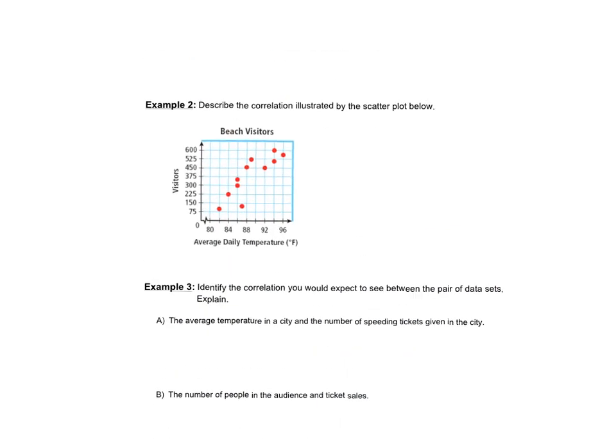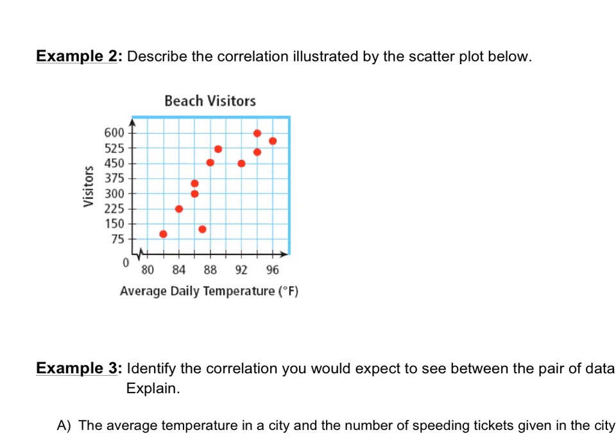As we look at this example 2, they want us to describe the correlation. So we look at it, and remember, we see that it's just a whole bunch of scattered points everywhere. If you were to draw a trend line, and remember that the word trend line means kind of like a summary line, we would probably say that it would be something like this.